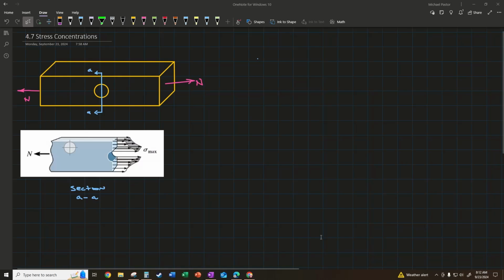So we have an unusual distribution of stresses internally due to this hole. Well, in this profile here, the value is maximum close to the hole, and it leads to essentially a ×3 stress. So a stress that is 3 times higher than the stress associated with the uniform cross section.